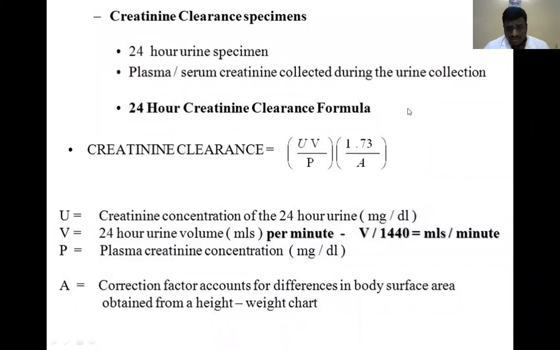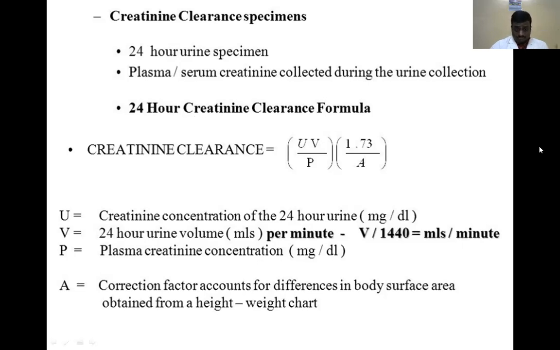We estimate creatinine in 24 hours of urine. There is a specialized procedure for collecting the 24-hour urine. After collecting the urine sample, we estimate the creatinine level in that 24-hour urine.